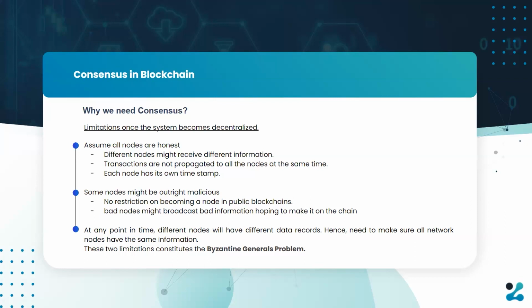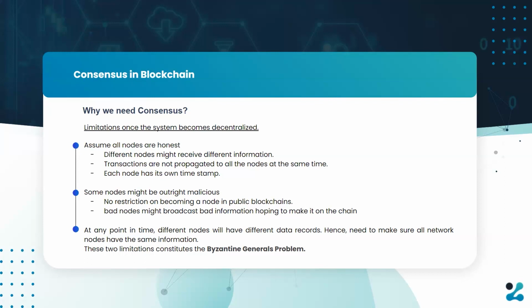So if I have a node in India, and there is another node in India, it is going to receive the block faster than the other node which is in USA, right? And vice versa. If someone in USA creates a block, the USA nodes will receive it faster than the ones in India, right? And each node is going to have its own timestamp. This is a bit technical, right?